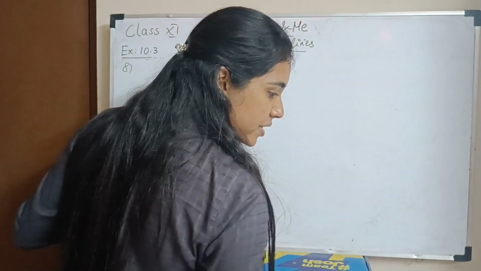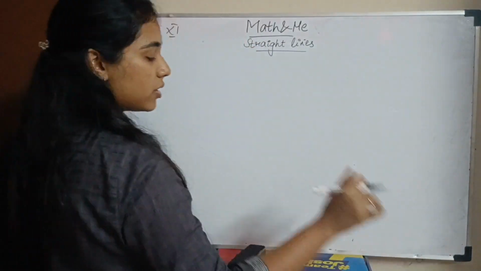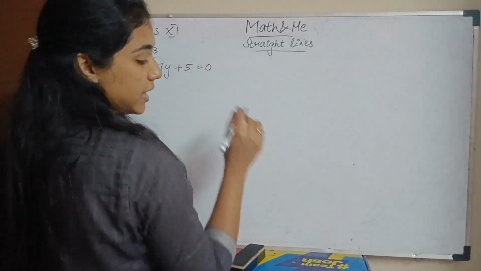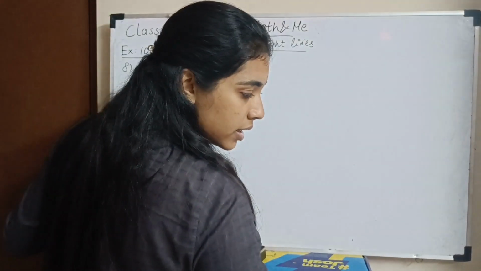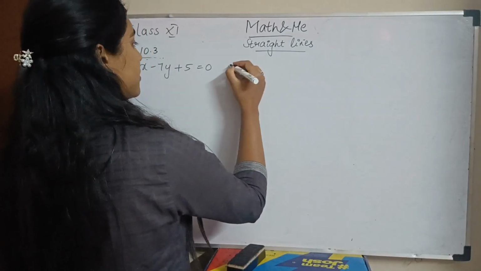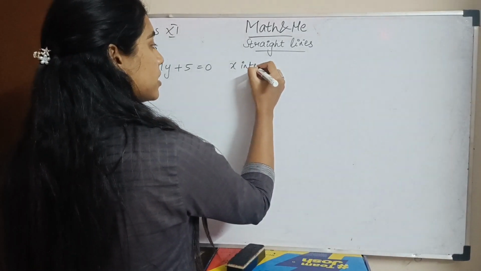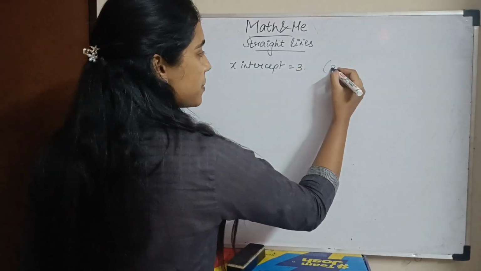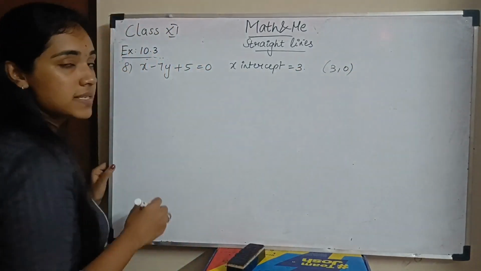Question number 8. Find the equation of the line perpendicular to the line x minus 7y plus 5 equals 0 and having an x-intercept at 3. So x intercept is 3, so which means the point is 3, 0.